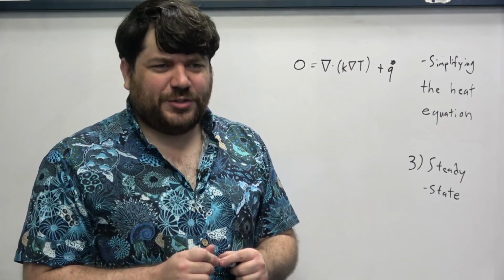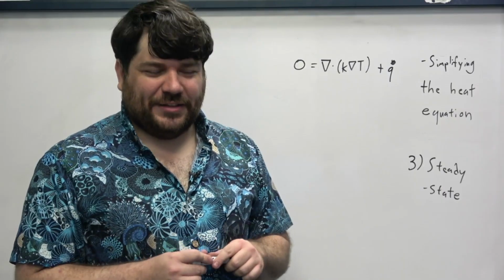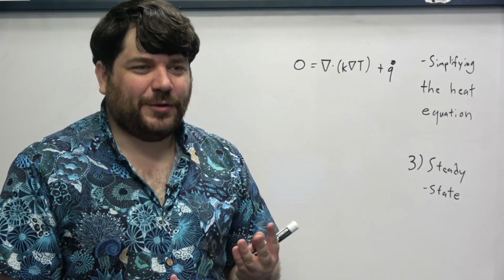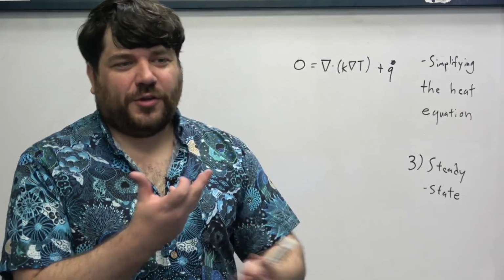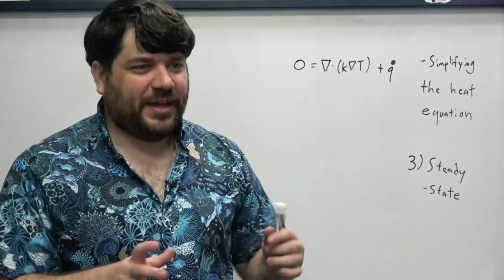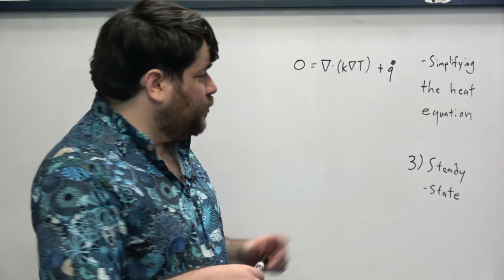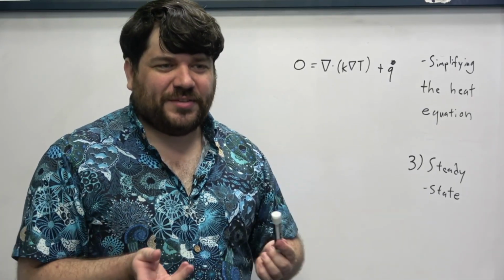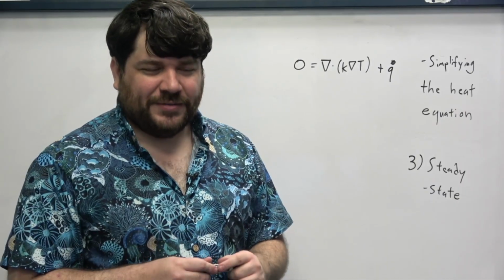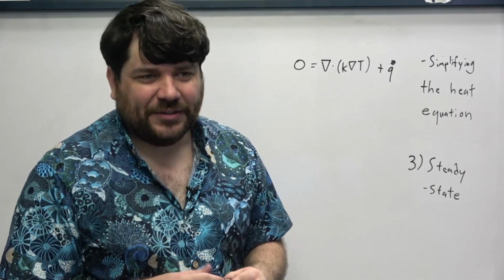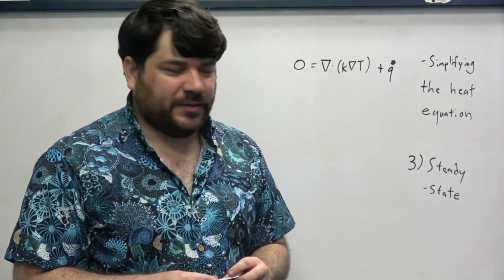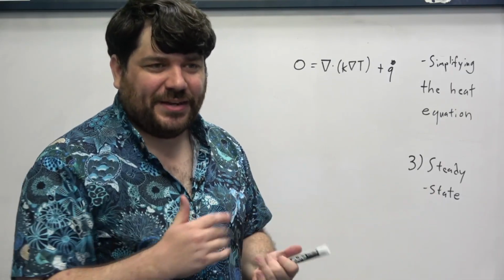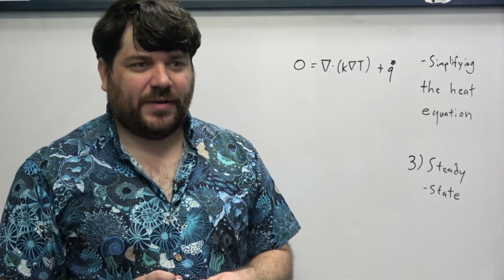The reason that I say that it shouldn't be surprising is because we never had to calculate the specific heat capacity or the density when we were trying to solve for the relevant variables inside of certain systems where we had assumed steady state. Right? We never had to worry about what the specific heat capacity of the human body was, because we assumed that the human body was operating at a constant temperature difference to the environment.